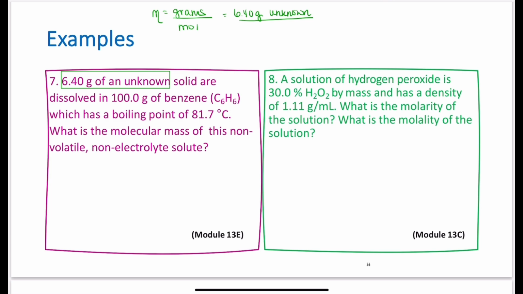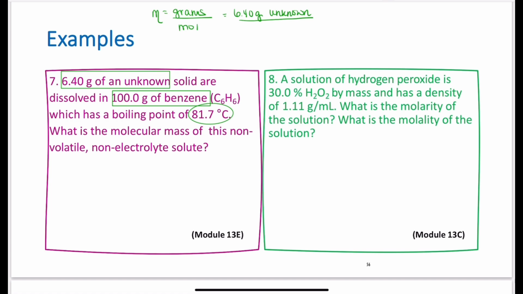It's dissolved in 100 grams of benzene, which has a boiling point of 81.7 degrees C. I want to know the molecular mass or molar mass, whatever you want to call it, of this non-volatile non-electrolyte.